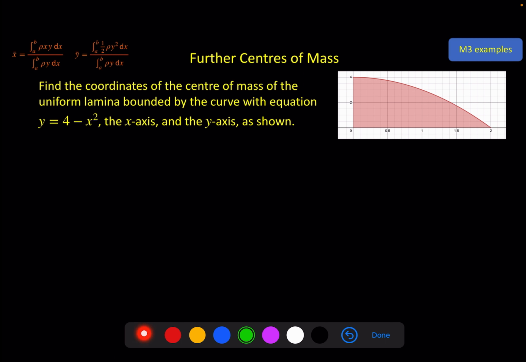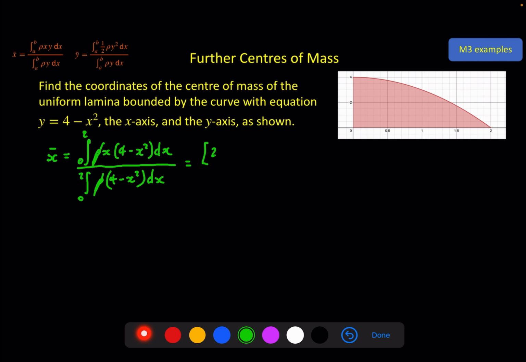For the x-coordinate, we have the integral of rho x (4 minus x squared), all divided by the integral of rho (4 minus x squared) dx. And this is going from 0 to 2 in both cases. The rhos will cancel out, so I'll expand the brackets and integrate.